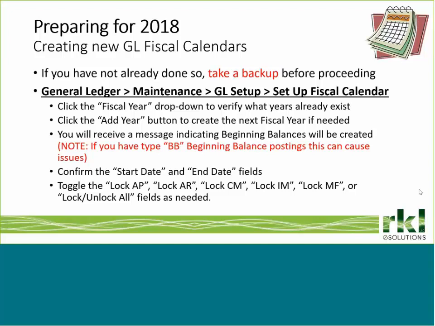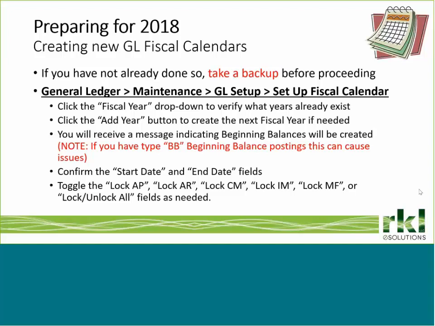In newer versions of 500, you'll also have in the fiscal period grid the option to lock or unlock all modules, as well as locking or unlocking individual periods. So when a module is locked for a period, that means that no user will be able to post transaction batches to that period.